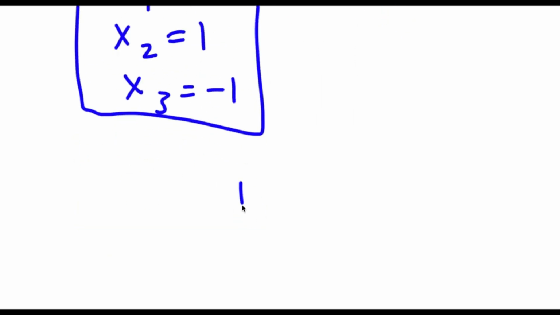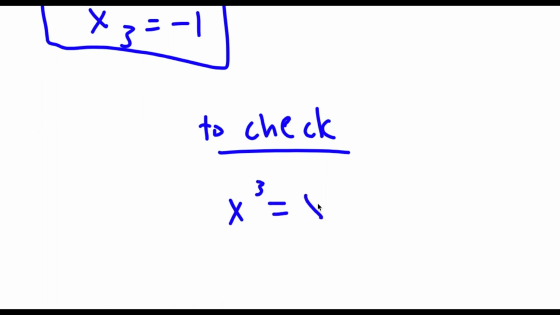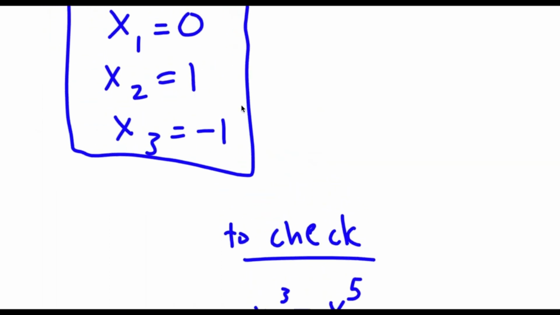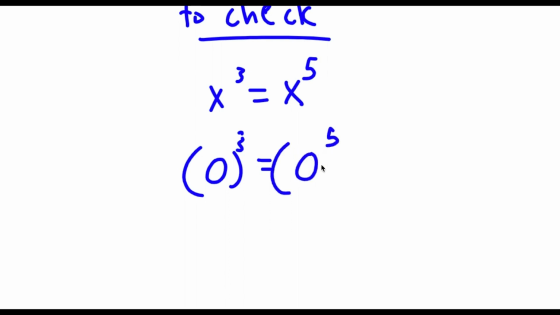So now to check, my original equation was x to the power of 3 is equal to x to the power of 5. So let's first check 0. So if x equals 0, I have 0 to the power of 3 is equal to 0 to the power of 5.